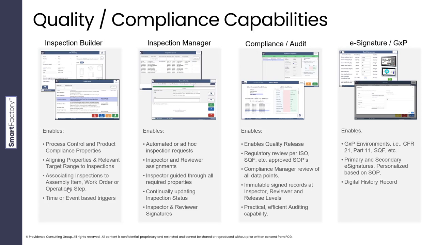Then we'll look at the administration app, which allows you to set up compliance requirements at both the work center and audit level. Along the way, we'll showcase where e-signatures can be invoked to ensure you meet your SOPs in a compliant environment.